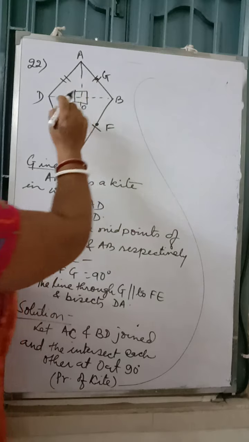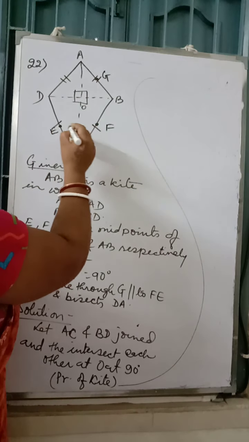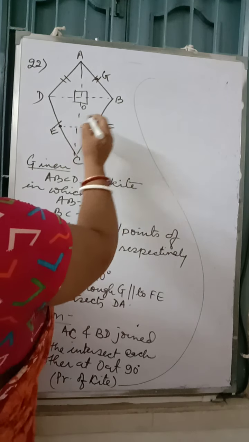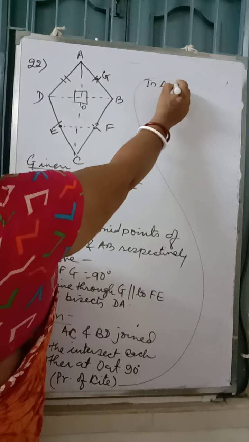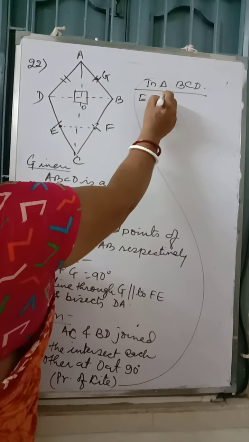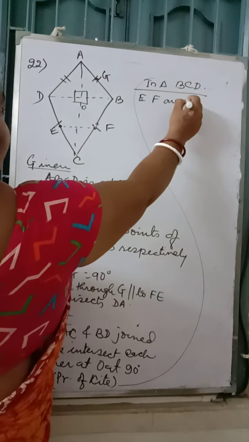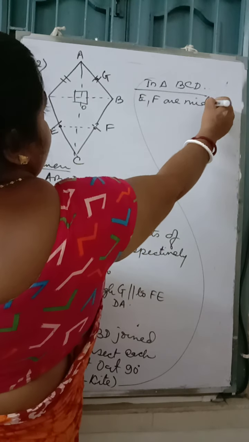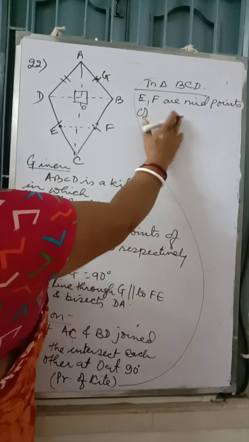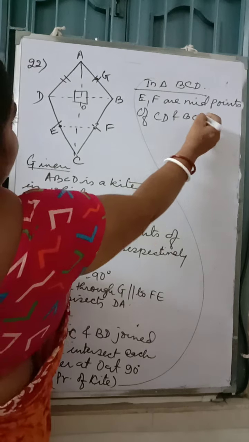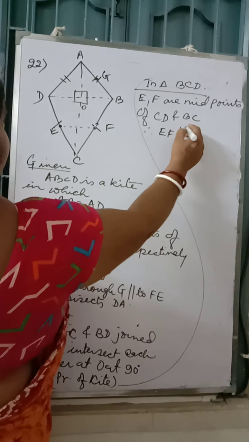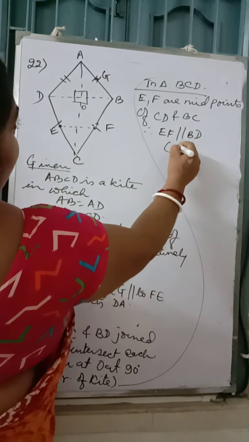Now if this is 90 degrees, EF I am joining, in triangle BCD, E and F are midpoints of CD and BC. So EF is parallel to BD according to the midpoint theorem.